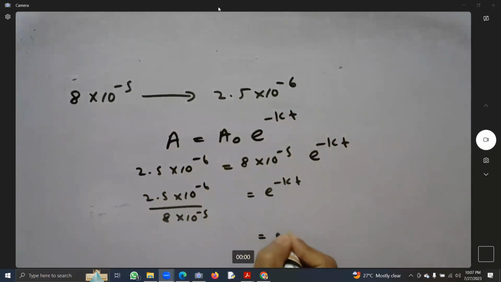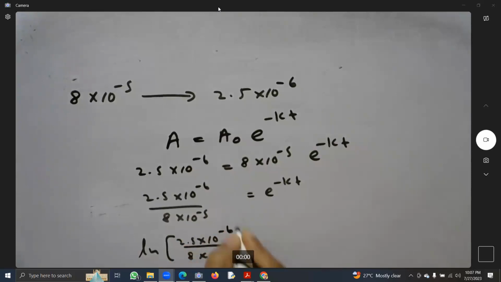Then ln of this value, 2.5 into 10 to the power minus 6 over 8 into 10 to the power minus 5. We did not finish the sum earlier.